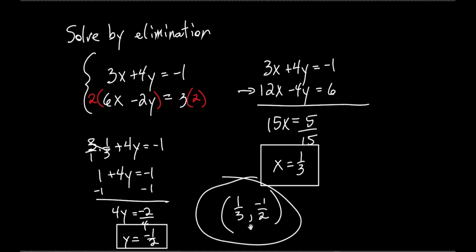This won't come out nice and pretty, because I'm just making these numbers up. So you could have 5x plus 7y equals 13, and then 2x minus 3y equals 7. Again, I'm not going to work this all the way out to the end because it'll probably come out really ugly. But let's just talk about the steps.